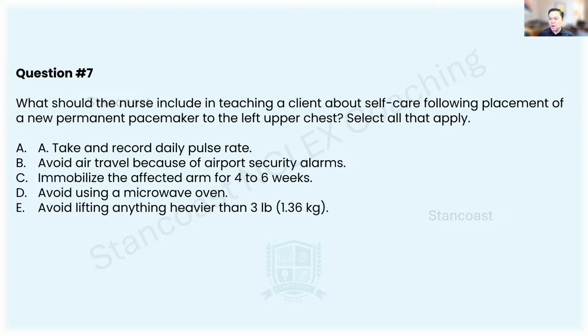The question states, what should the nurse include in teaching a client about self-care following placement of a new permanent pacemaker to the left upper chest? Select all that apply.